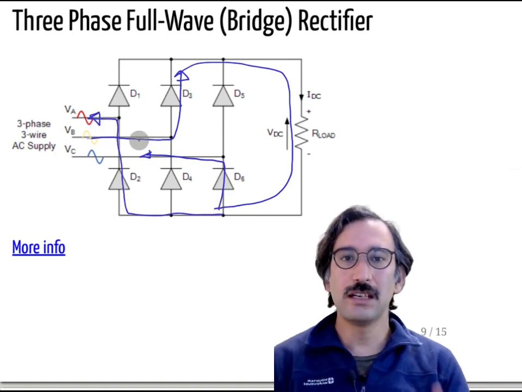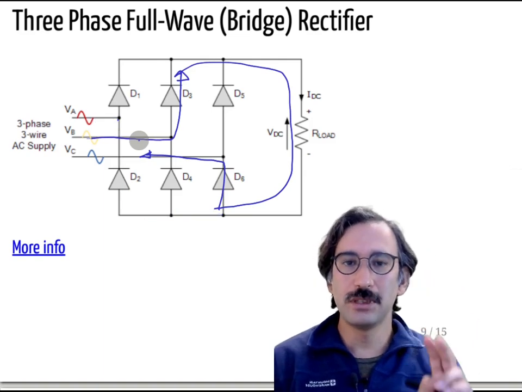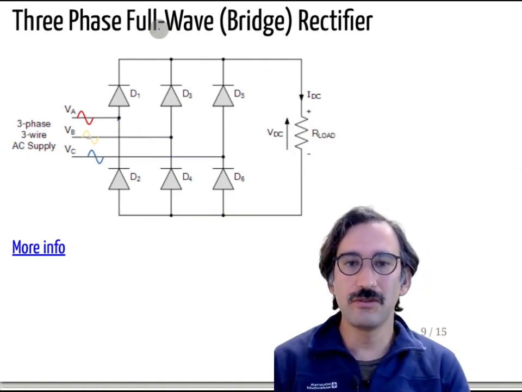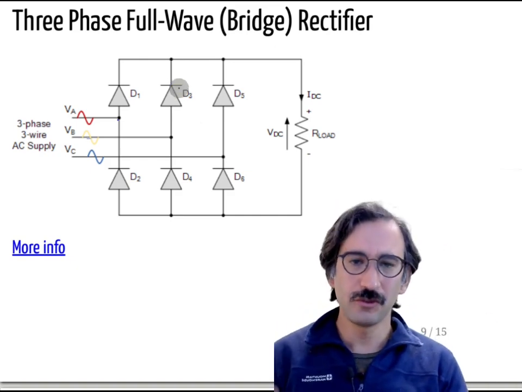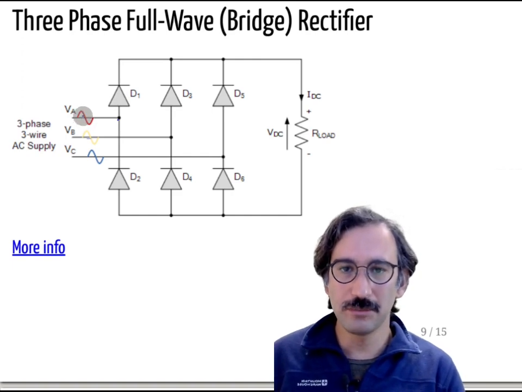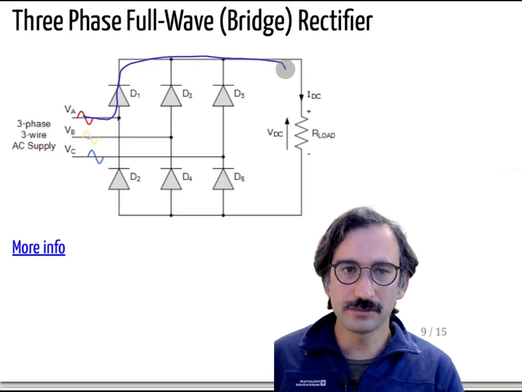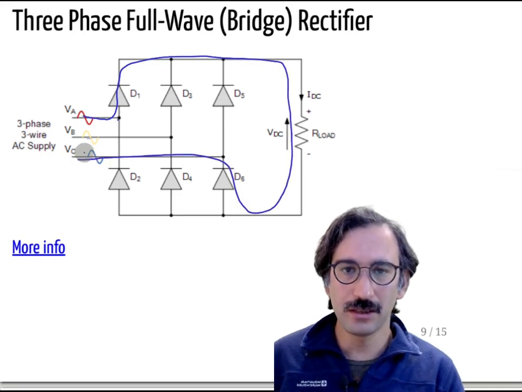So you see there are basically two possible configurations for each phase, and there are 3 phases, so there are 6 different combinations. Let's take one example. If I conduct from D1 and return from here, I will show you the waveforms, don't worry for now.